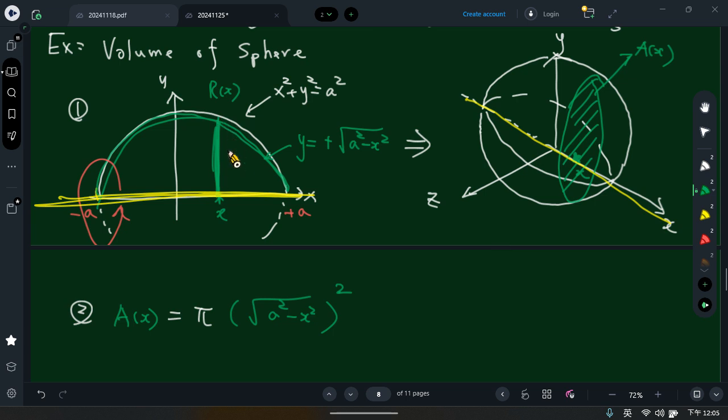Because we just use this height as its radius, we can get this area size. So the result will be pi times a squared minus x squared.